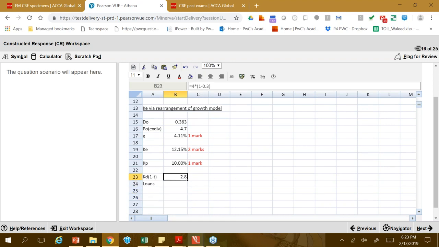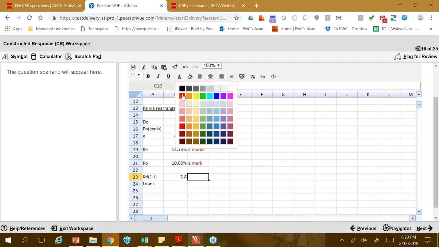The 2.8% is the KD of my bank loan, and this will also give me here the 1 mark. So 1 mark here for working out the KD of the bank loan.